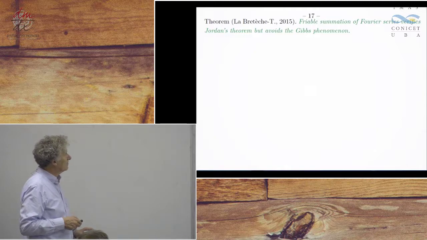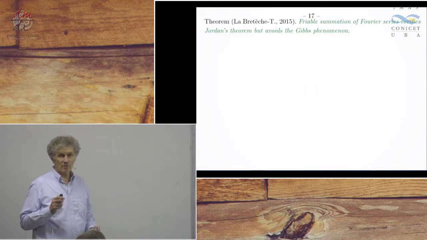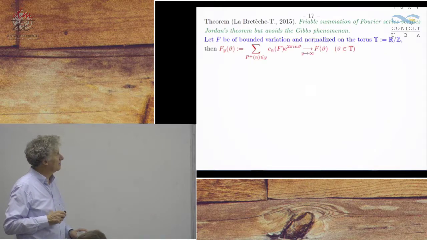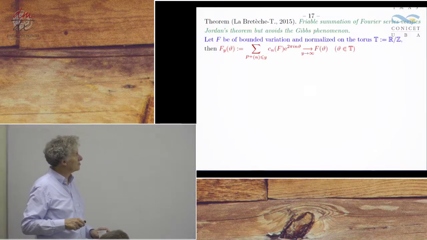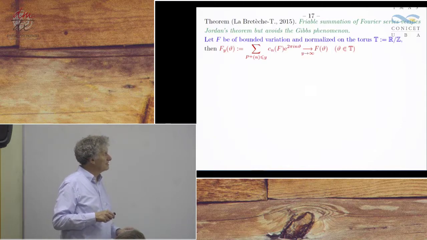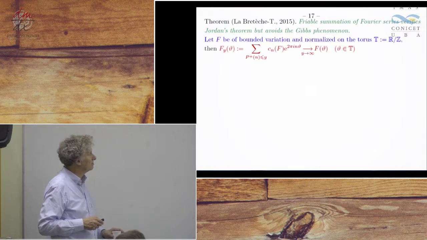And we have a recent result with La Bretèche that friable summation of Fourier series verifies Jordan's theorem, but avoids the Gibbs phenomenon. So it's very interesting. In other words, if you have a function of bounded variation normalized on the torus, then the Fourier series is regular with respect to friable summation.